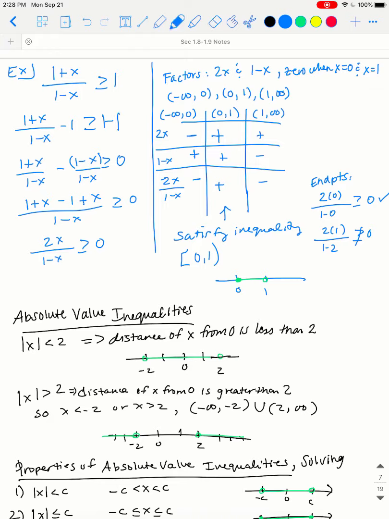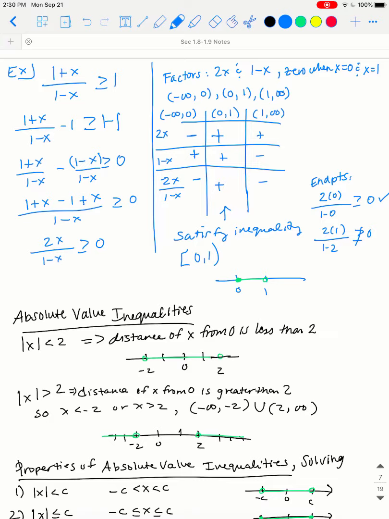And then I'm going to combine the fractions. So I'm going to combine 1 plus x over 1 minus x minus 1, and that is by doing the least common denominator. I'm going to have 1 plus x minus 1 plus x over 1 minus x is greater than or equal to 0. So I'm just combining the fraction here.